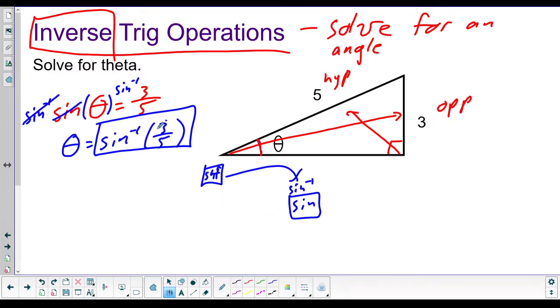So you do inverse sine of 3 over 5, and then your calculator will spit out an answer. In this case, theta is about 36.87 degrees. I rounded a little bit, but you're going to have to because it's going to give you an ugly decimal. Most of the time, they're not really nice answers. Cool. So there are inverse trig operations.